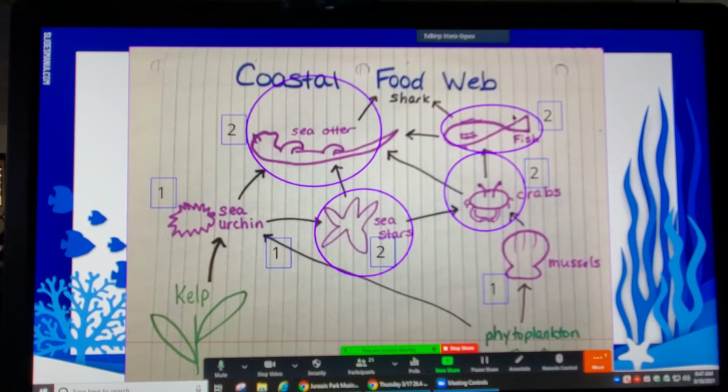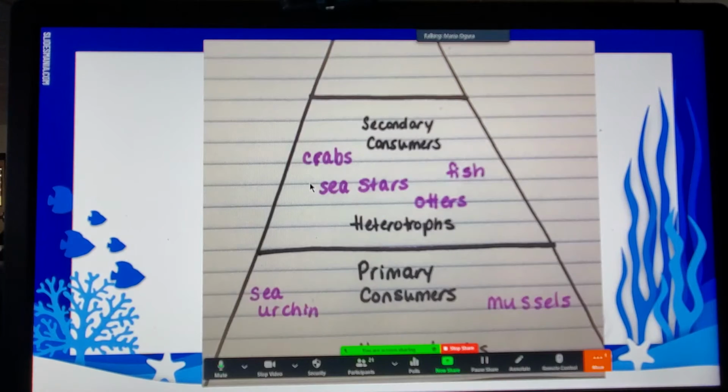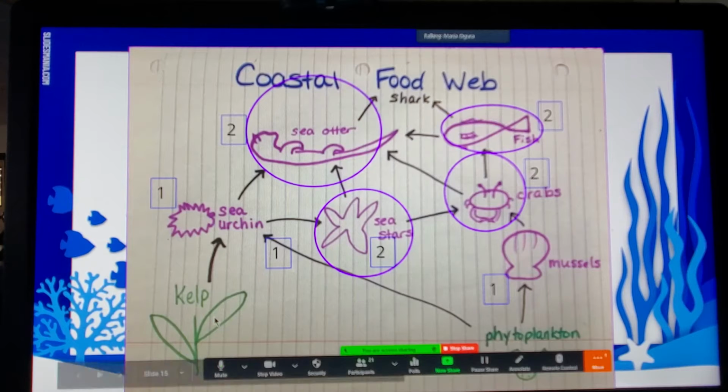Okay? But he's a tertiary because he's not directly eating, unless I just sneak in an arrow right there. But yeah, I need to probably erase this one. He's a tertiary. But these guys, they're second in line in getting the energy from the producer.